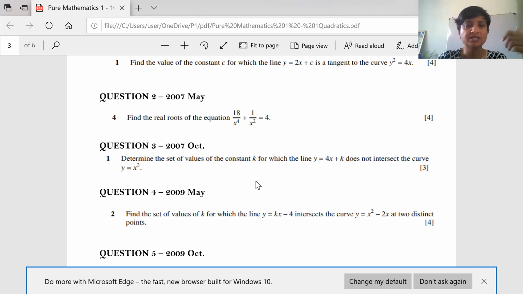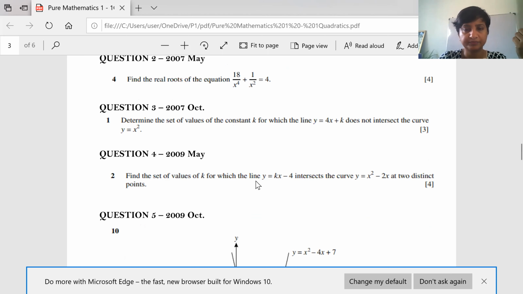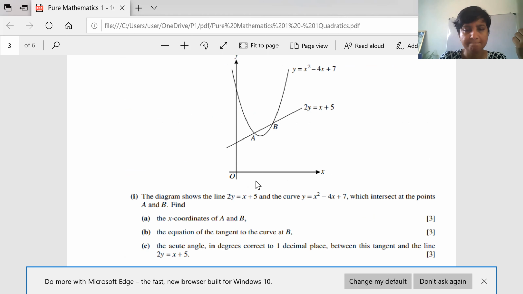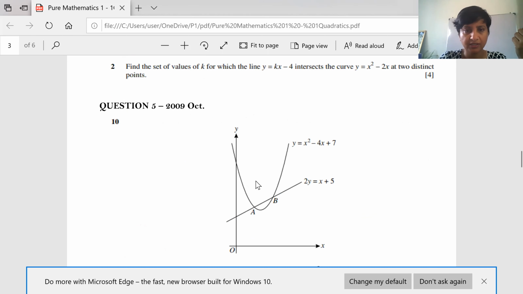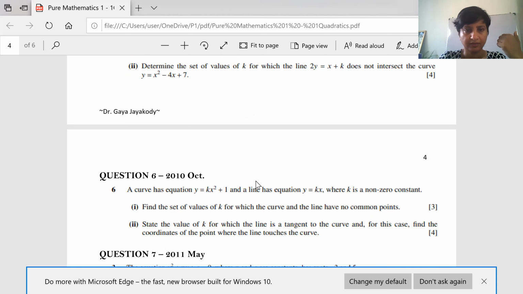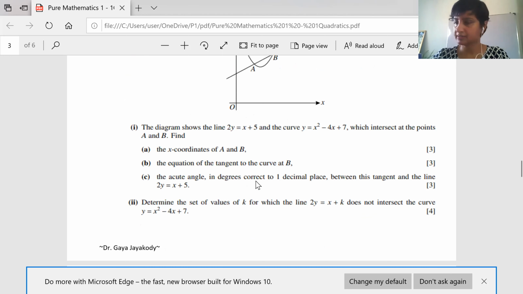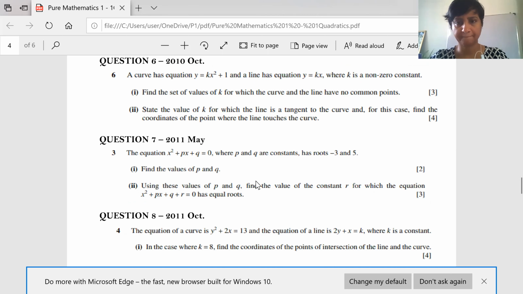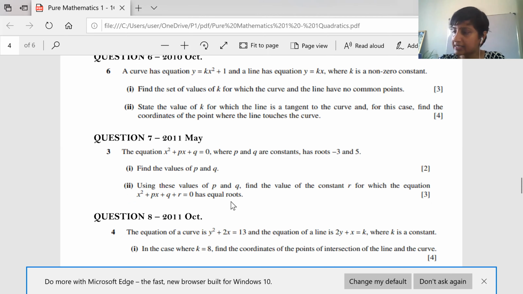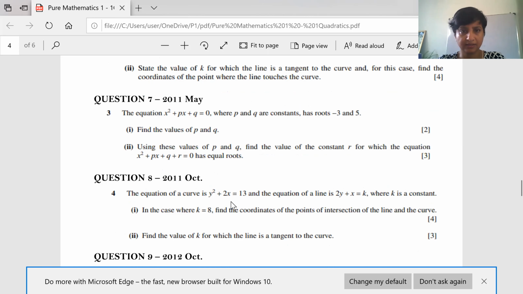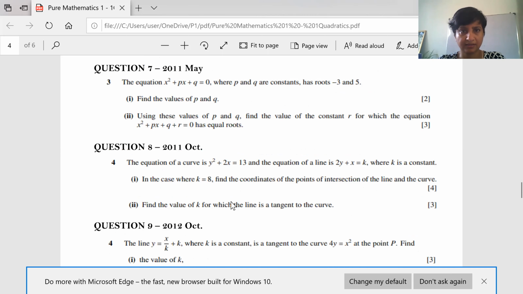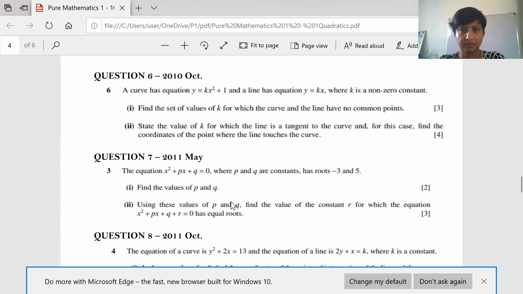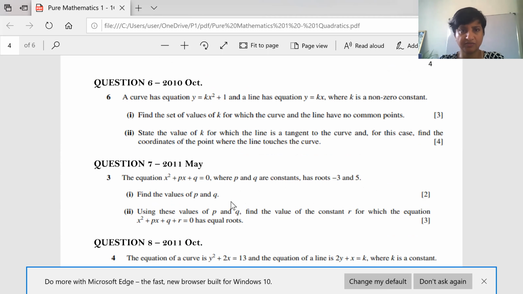So please mark number 3, 4, 5, 6, and 8.